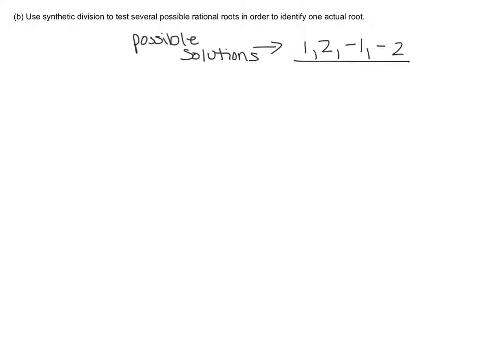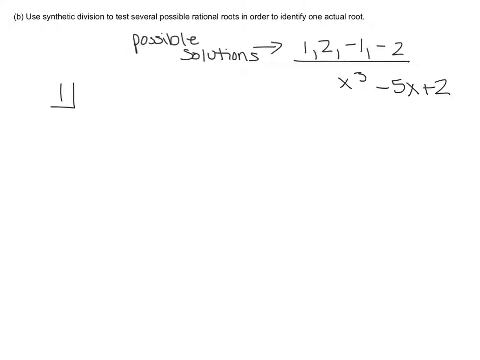Part B. Use synthetic division to test several possible rational roots in order to identify one actual root. My possible solutions were 1, 2, negative 1, and negative 2, so I'm going to use synthetic division to test each of these roots. First I'll test 1. My problem was x cubed minus 5x plus 2.